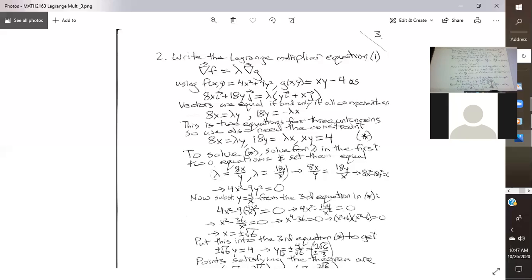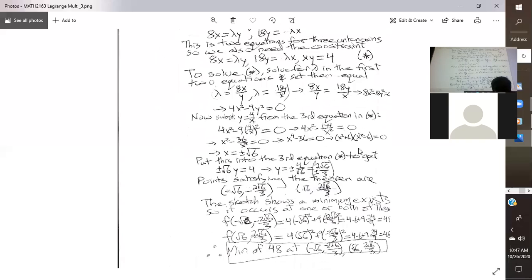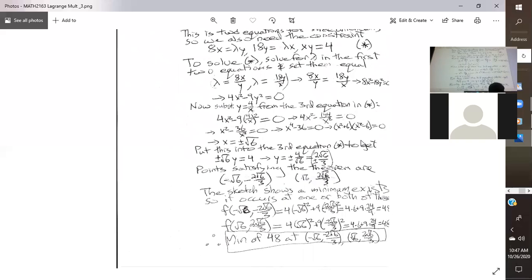Which means that there are exactly 2 points. X can be plus square root 6 and y can be plus 2 square root 6 over 3, or x can be minus square root 6 and y can be minus 2 square root 6 over 3.